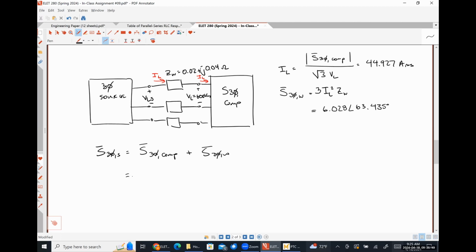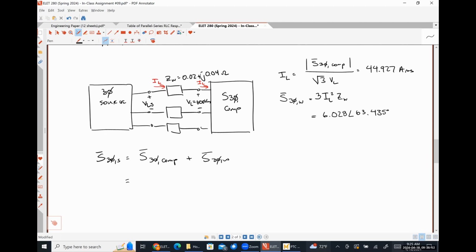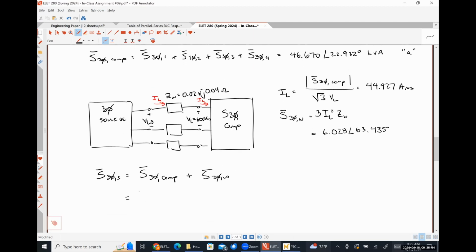And so I am going to express this as 46.670 angle 22.932 degrees kilovolt amperes plus 6.028 angle 63.435 degrees divided by 1,000 to put this in kilovolt amperes as well.